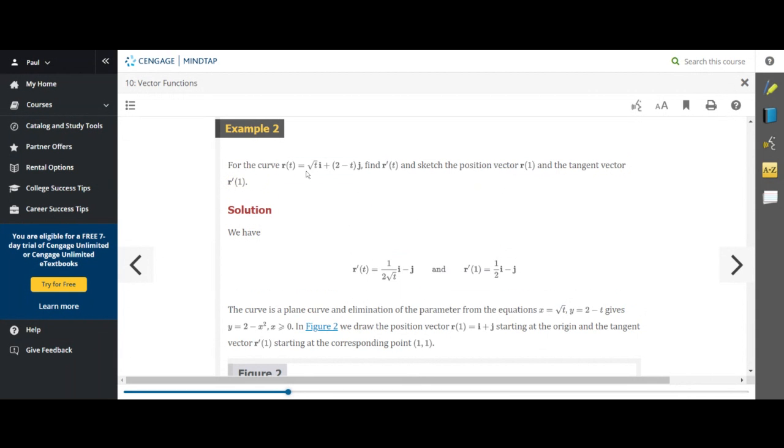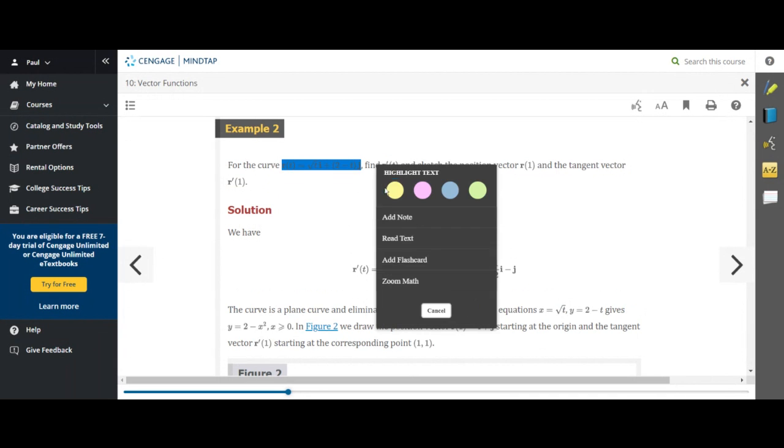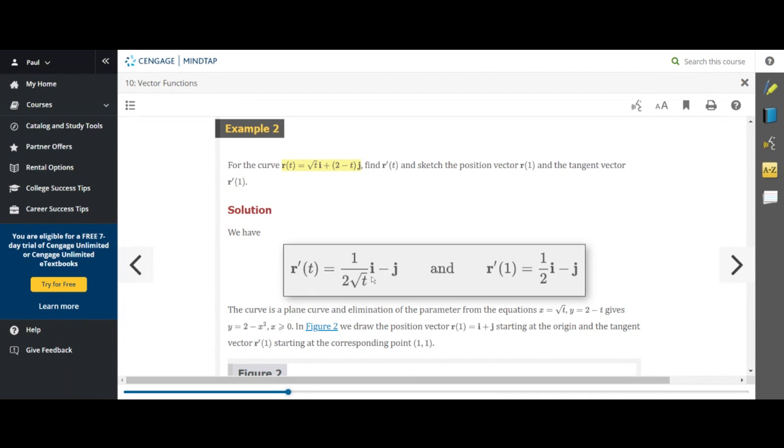Remove the highlight. There's r of t. And then there's the derivative vector and the derivative vector evaluated at 1.